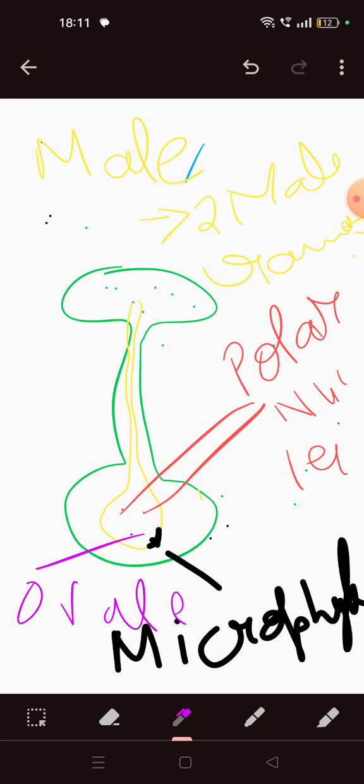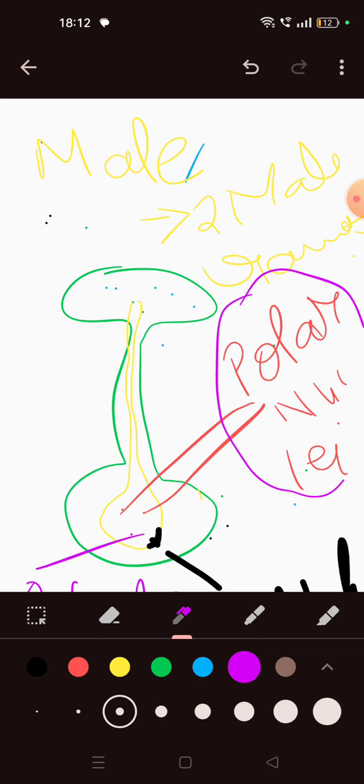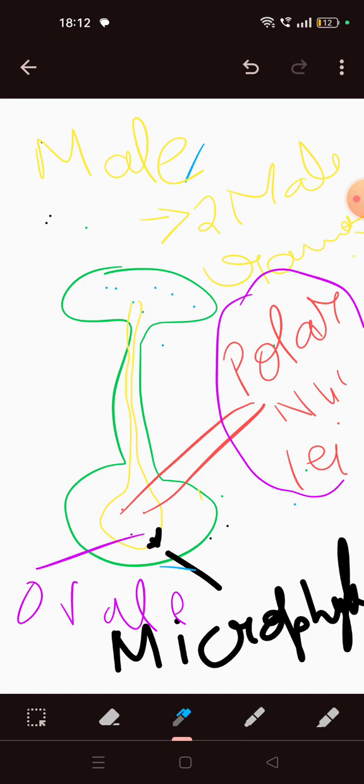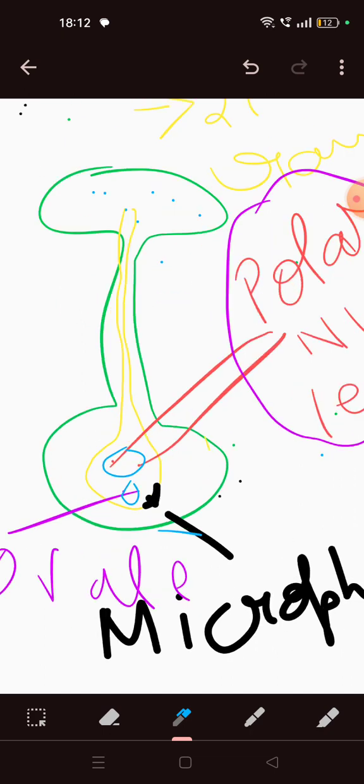This much we know. Now you need to know, most people don't know about the polar nuclei, but I hope now you know it. We know that two male gametes have come. One male gamete will come and fuse with the egg in the ovule, and the other male gamete will fuse with these two polar nuclei. Now let us go further into the topic. We saw two things, let us summarize them.